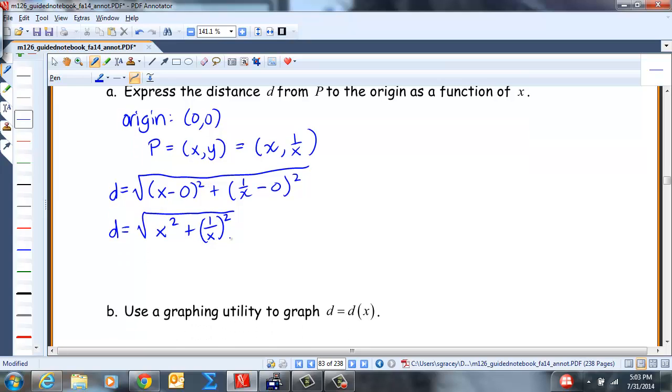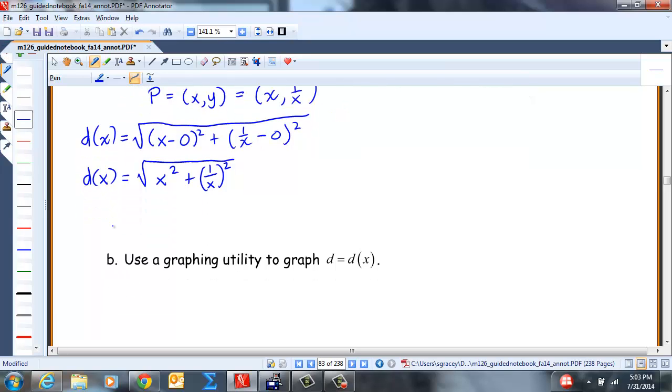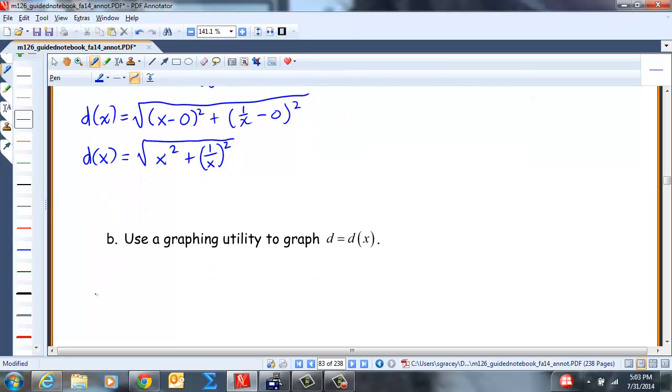So now we've written this as a function of the distance. And actually, let's say distance as a function of x. All right, so now we are using a graphing utility to graph this function that we found.